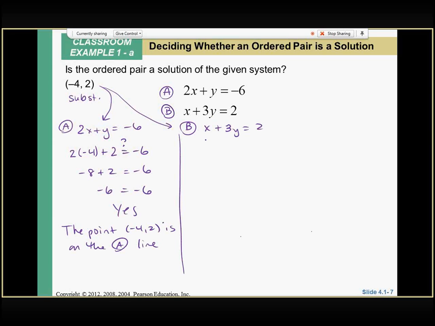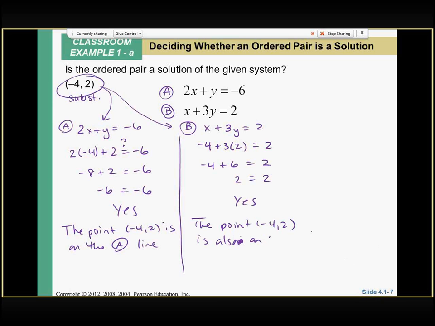So we substitute in: x is negative 4, plus 3 times y, which is 2, is equal to 2. Is negative 4 plus 6 equal to 2? Yes, 2 is equal to 2. So we say that the point negative 4, 2 is also on line B.